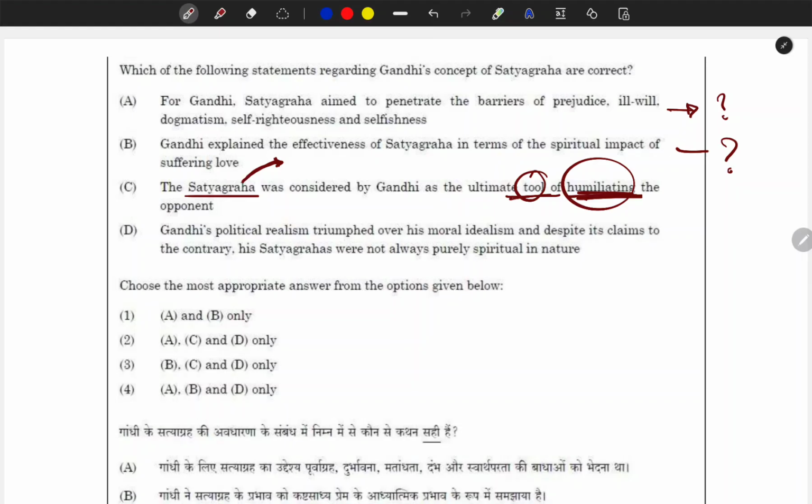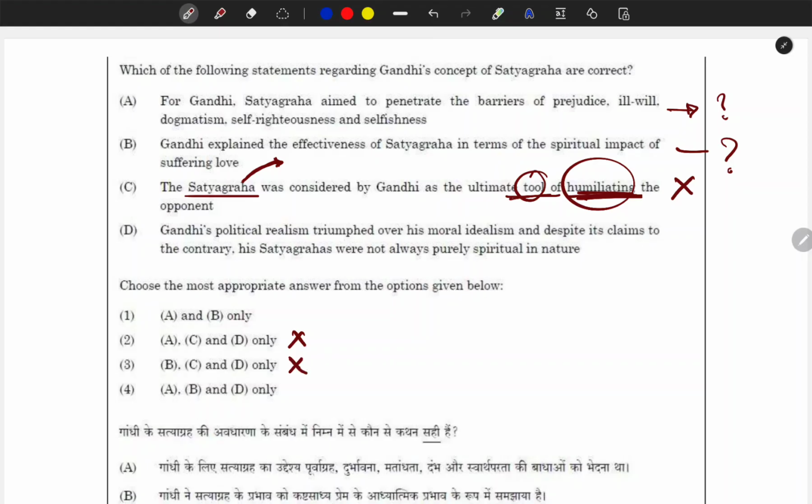Can anyone humiliate someone just for seeking truth? You have to think about this statement. For me, this is not a correct statement. Whenever you are sure about a particular statement, you come straight to the options. So we will eliminate this option and this option.